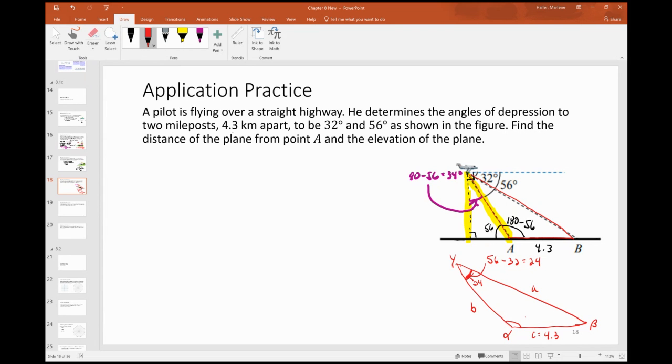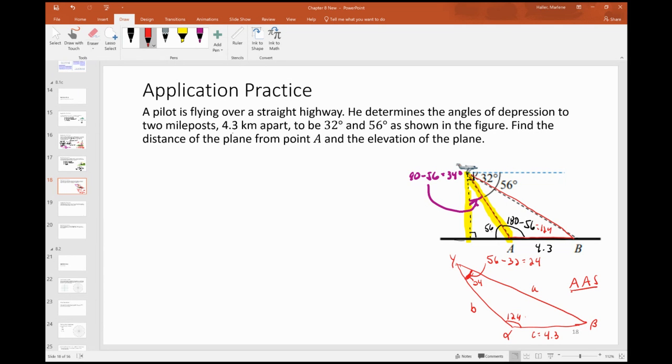180 minus 56 is 124. So now we have two angles and a side. Since we have an angle-angle-side triangle, I'll be able to use the law of sines here, because I can set up a ratio, sine of gamma over c.